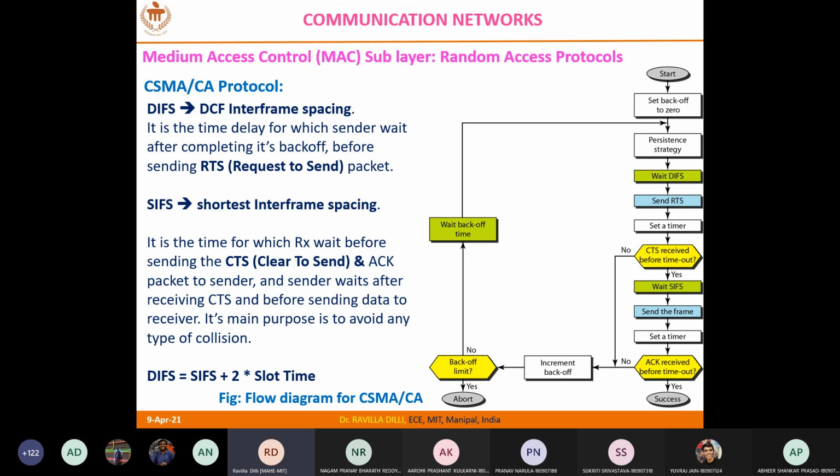You should understand what is RTS packet and what is CTS. So in wireless communications, the sender is going to send RTS first, and the receiver, if he is willing to receive the frame, then he will give CTS. Unless he receives CTS, you are not allowed to transmit your frame.